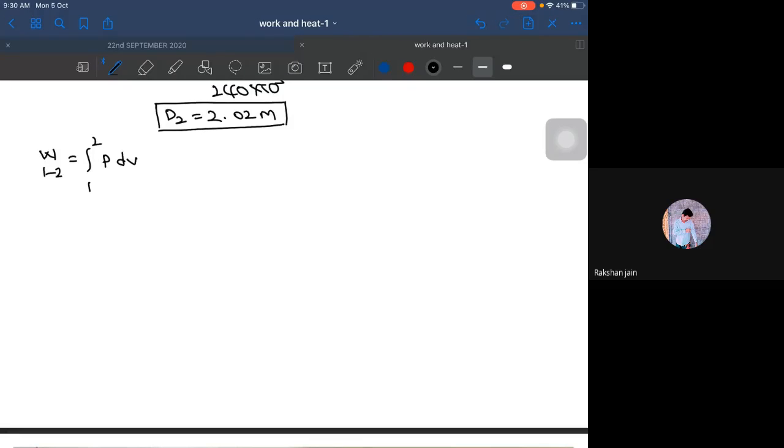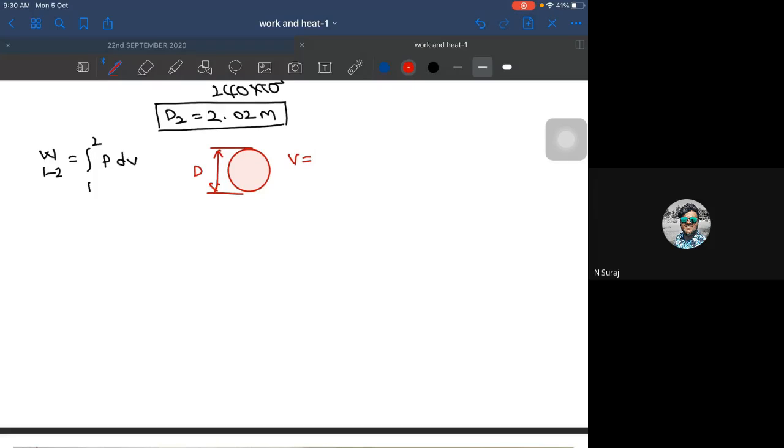Okay. Now, since this is a spherical balloon, like this, what is the volume of this balloon if the diameter is d? Pi d cube? The volume of a sphere.